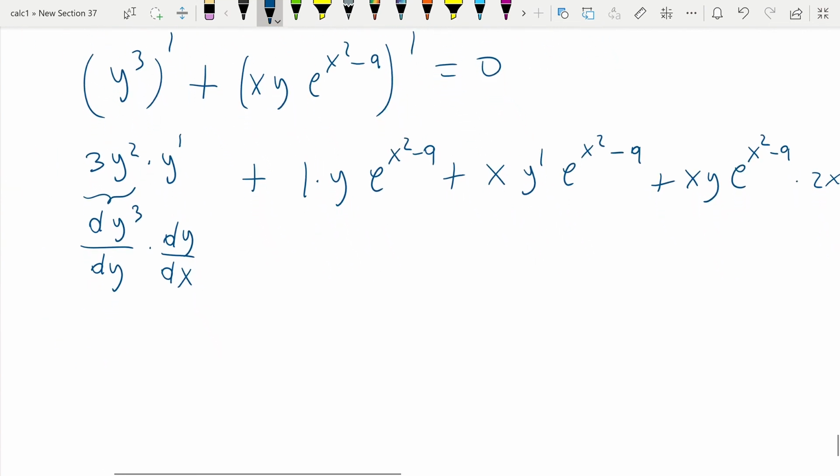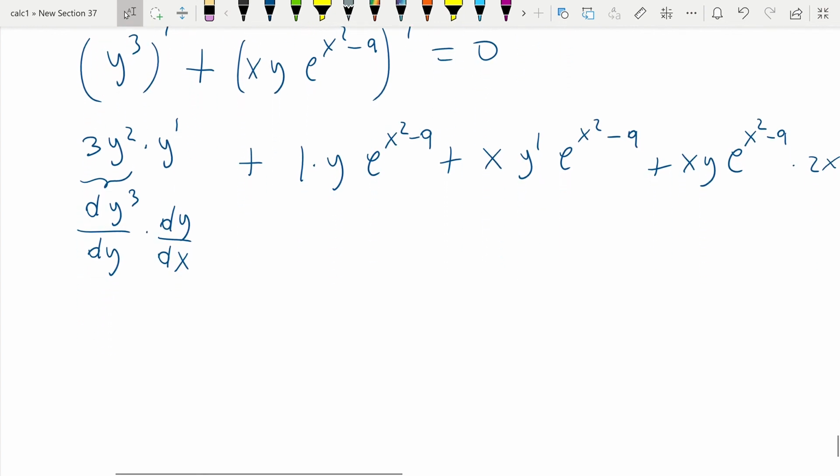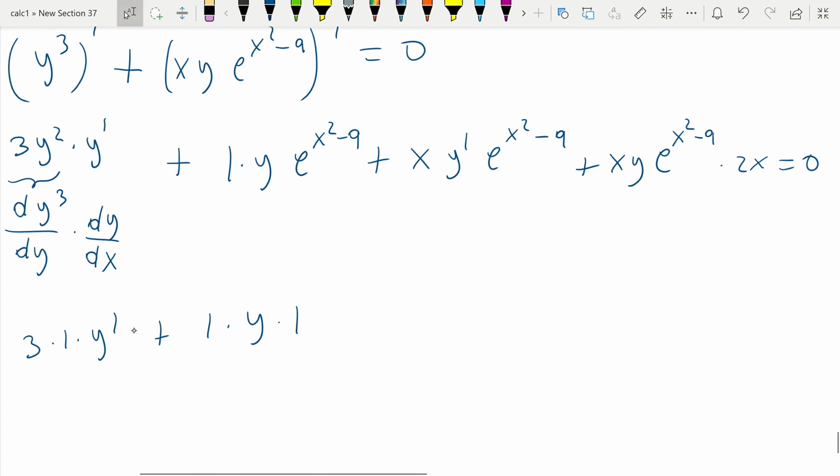So now, what is y? Now we substitute everything here. So y is equal to 1. So we have 3 times 1 times y prime, plus 1 times y times e to the 3 squared minus 9, which is 1. Remember that x is here equal to 3. So 3 y prime e to the x squared minus 9, again it's just 1.